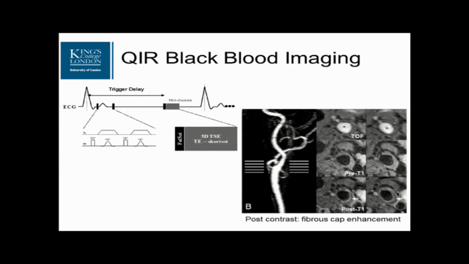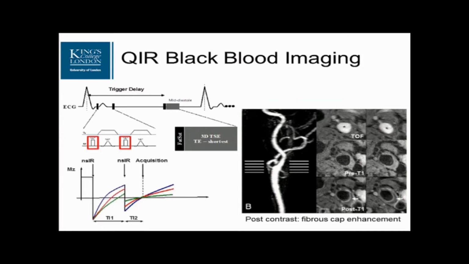Another method is the quadruple inversion recovery sequence. There we use a train of two double inversion pulses. What happens to blood is it experiences two 180 pulses. And now the beauty is that we can null a wide range of T1 relaxation times.